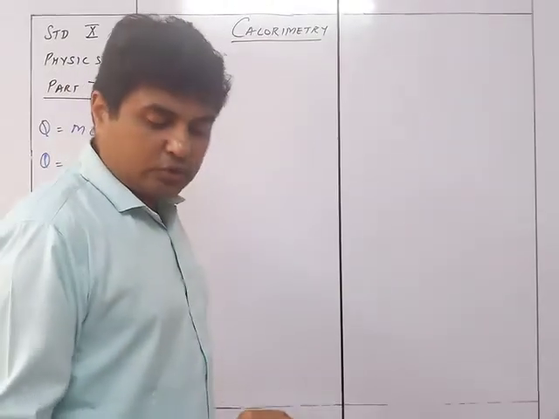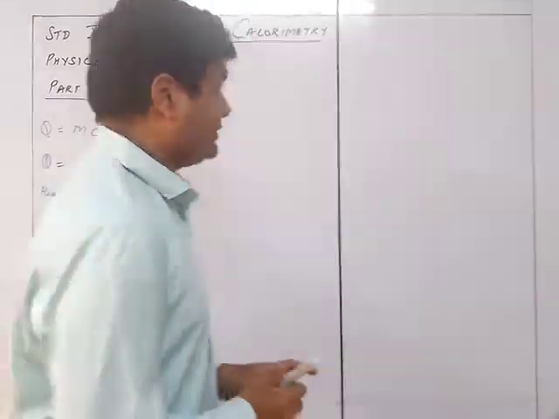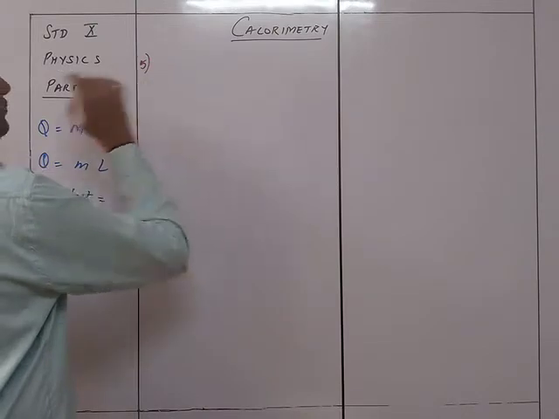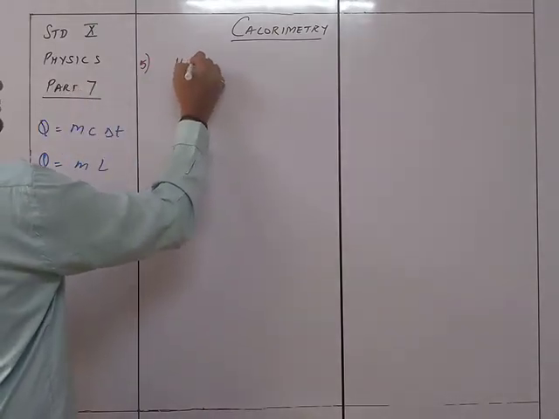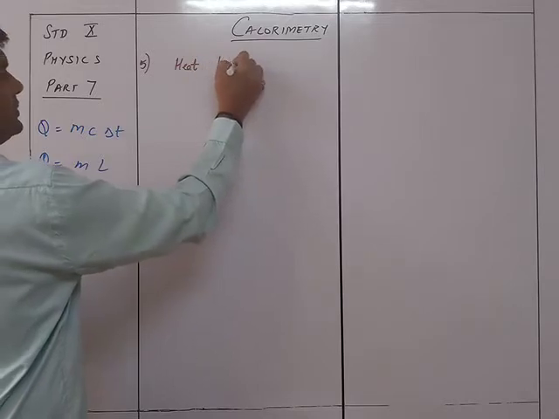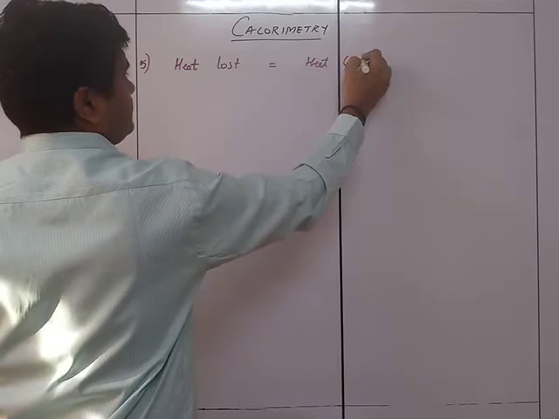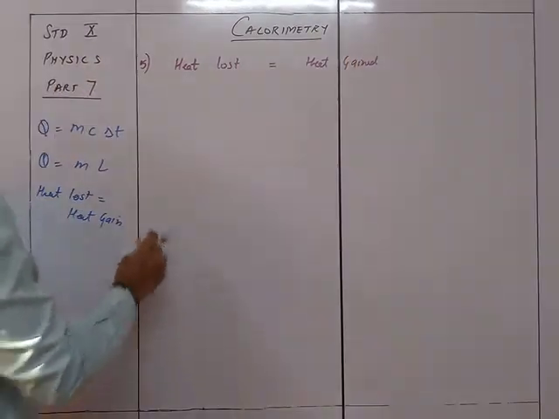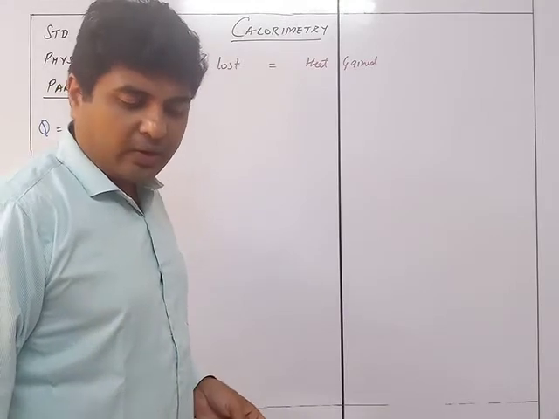17 grams of ice is used to bring down the temperature of 40 grams of water from 34 degrees Celsius to its freezing point. So what we have is, first of all, heat lost is equal to heat gained. Okay, who is going to lose the heat? It is the water which is going to lose the heat. So what is happening to the water?